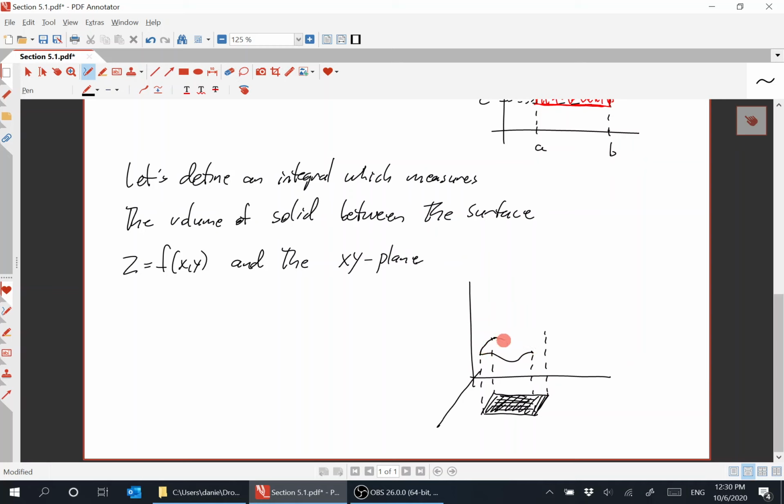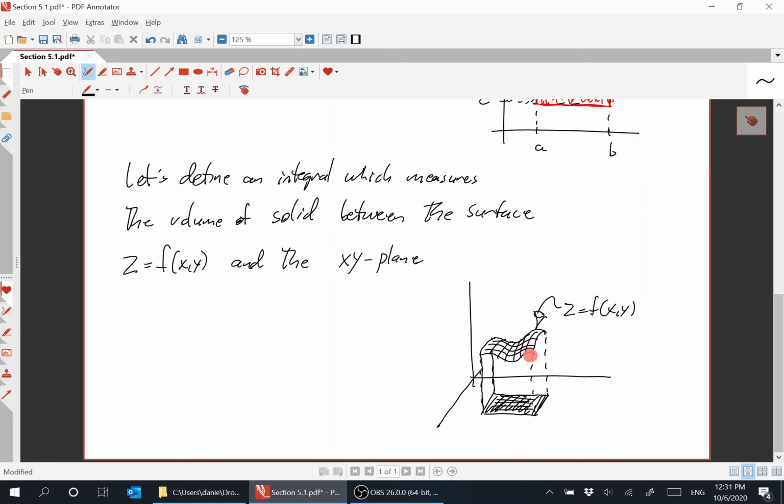You get some sort of surface given by this function, z equal to f(x,y). So here's some sort of example, and it gives you that surface there. And we want to measure the volume of this solid here.